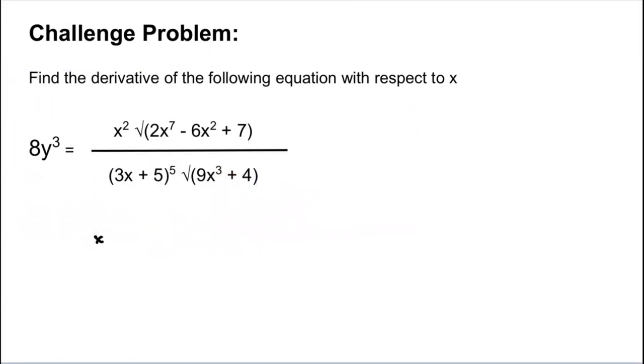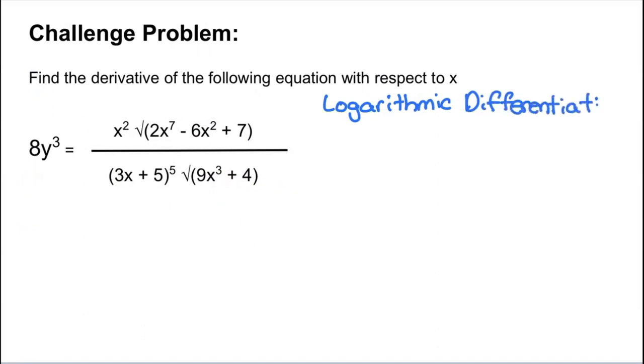So to address this, we're going to use a new technique that's called logarithmic differentiation. This is a pretty useful technique when you want to parse such a complex equation like this one. And it involves taking the natural log, which we're going to express as ln, of both sides.